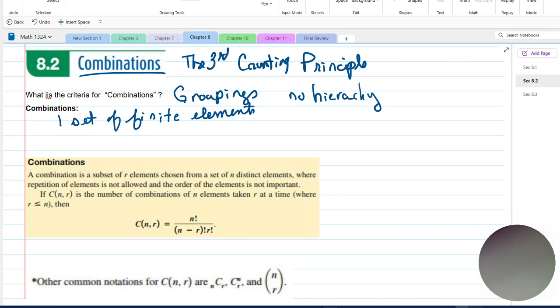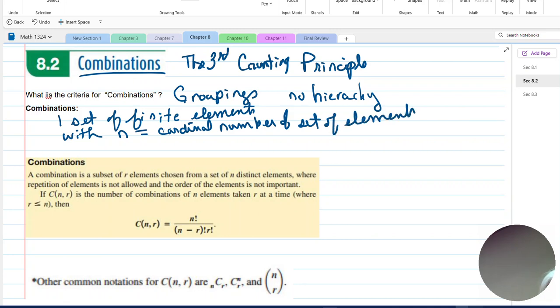And again, none of them have repetition unless we divide them out. The set of finite elements with n equaling the cardinal number of the set of elements, and r is the size of the group.